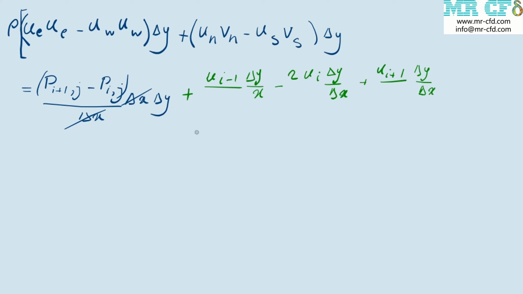For the second term of viscosity, we write u at index j minus 1 times delta x over delta y, minus 2 times u at index I and j times delta x over delta y, plus u at index j plus 1 times delta x over delta y.